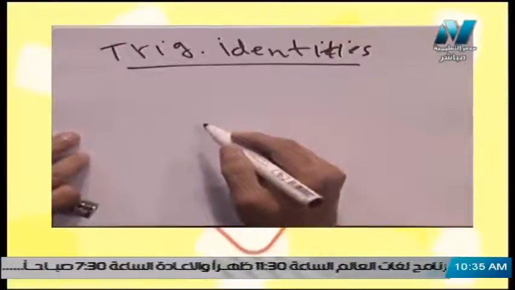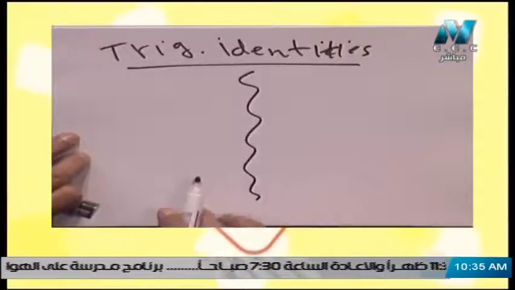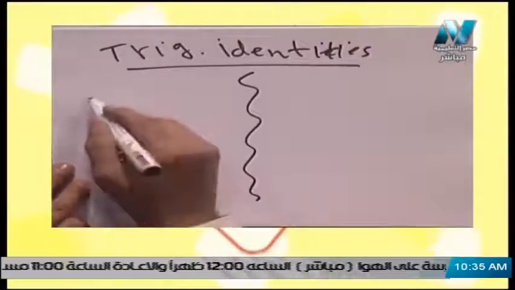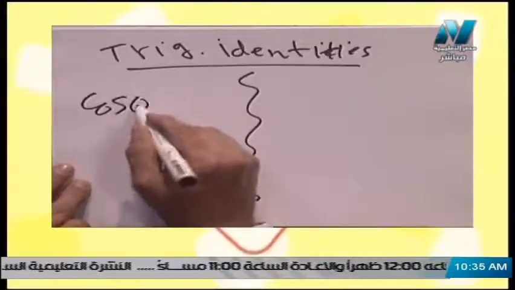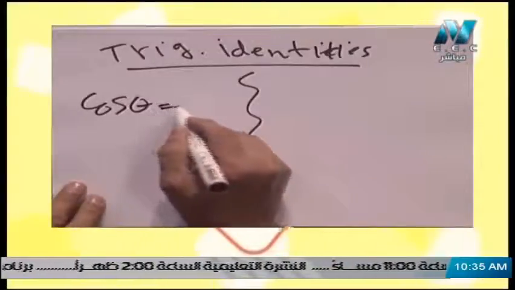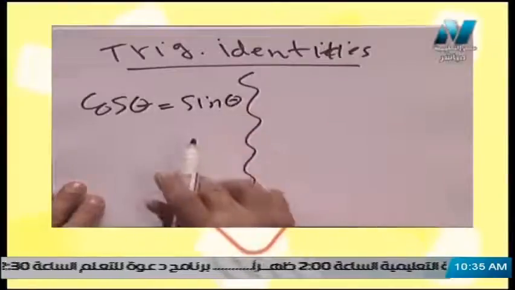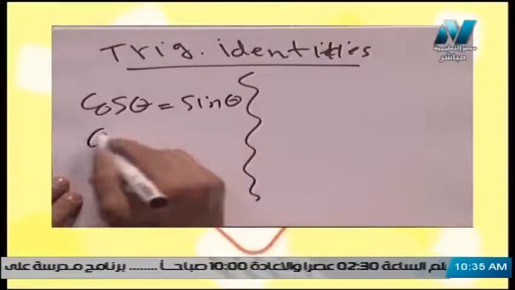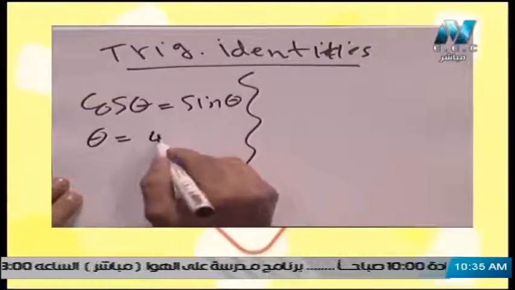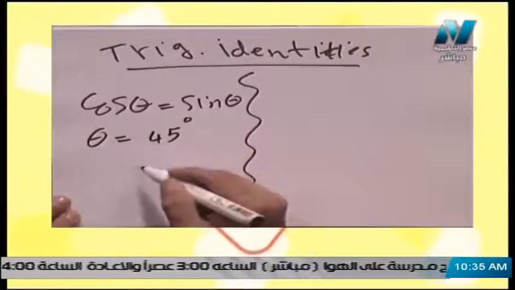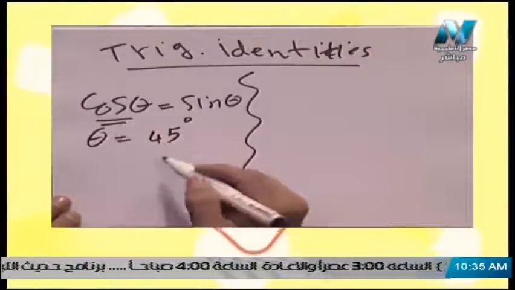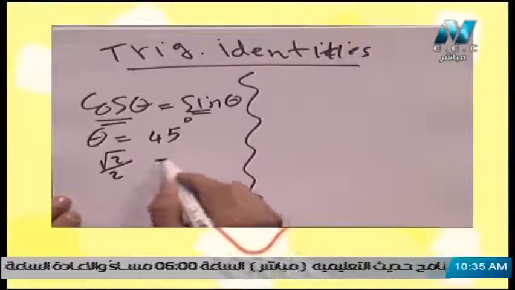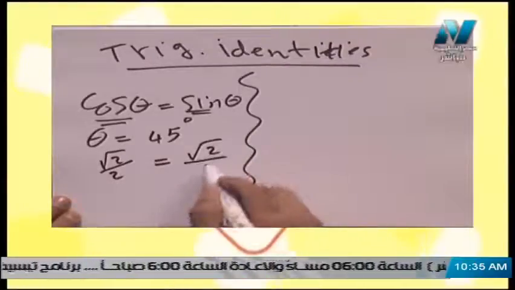What's the difference between an equation and an identity? We have said before that cosine theta equals sine theta in specific cases. If theta equals 45 degrees, then cosine theta is the same as sine theta: root 2 over 2, and this one equals root 2 over 2 also.